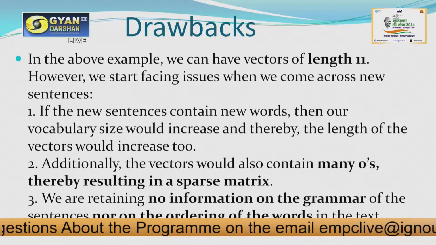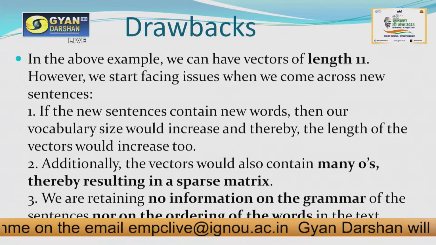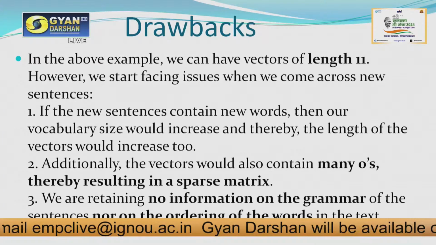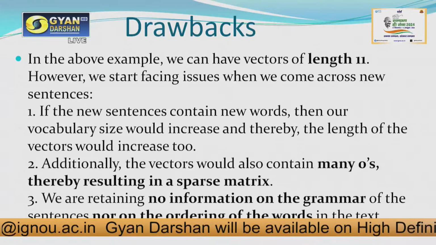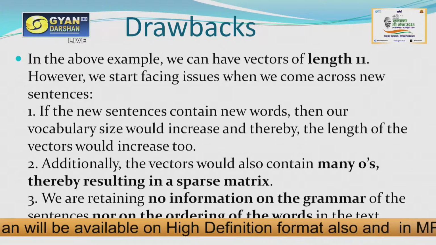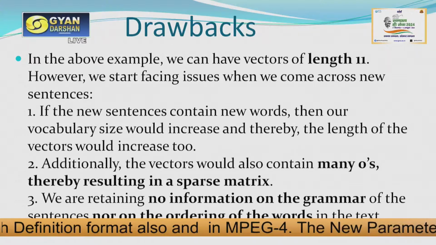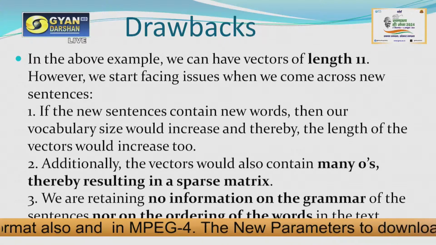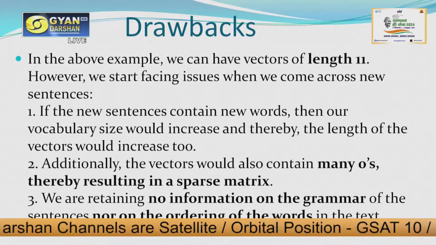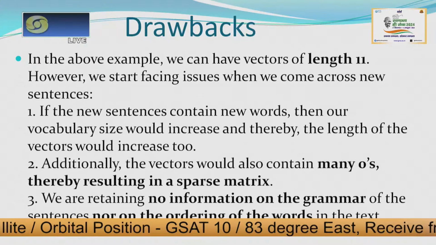The second drawback is that the vectors contain many zeros, resulting in a sparse matrix. The third drawback is that we retain no information on grammar. We only check whether the word is present in the document or not, and we are not recording the order at all.